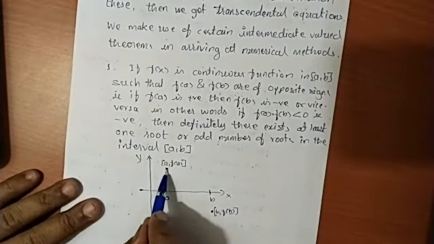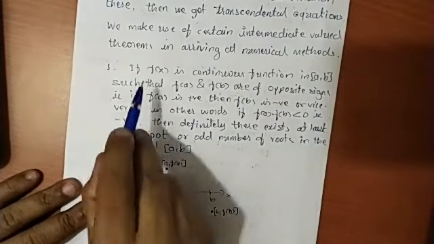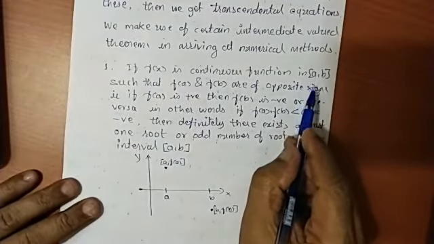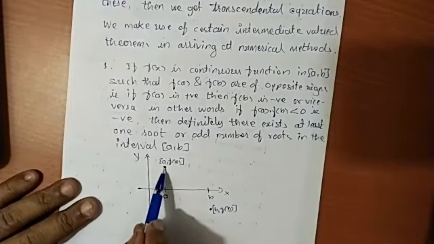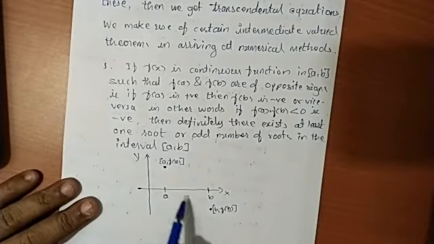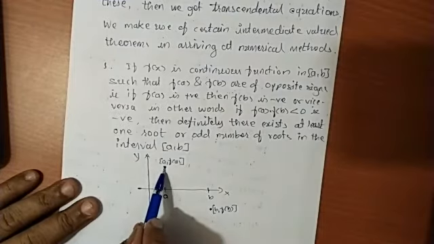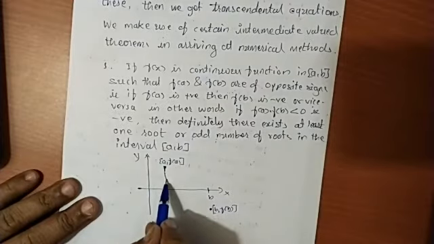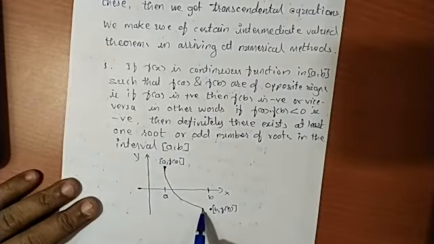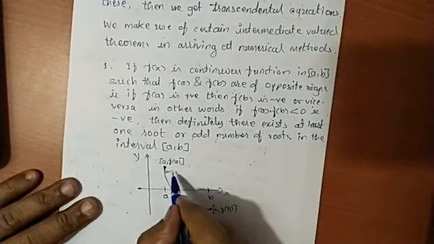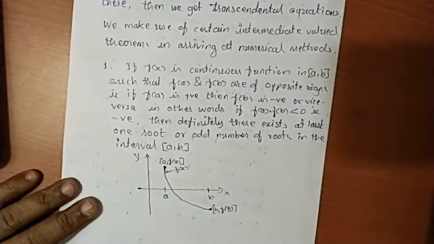Now I have to join these two points, and I know f of x is a continuous function in the interval [A, B]. So I can join these two points by a smooth curve like this. This is my f of x.